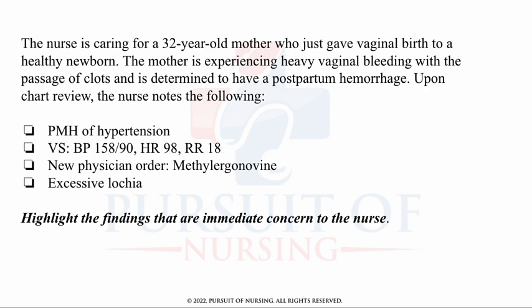The blood pressure is currently 158/90, heart rate is 98, respiration rate is 18. The physician has ordered methylergonovine, and the patient is experiencing excessive lochia. So I want you to highlight the findings that are of immediate concern to you as the nurse in caring for this patient right now.